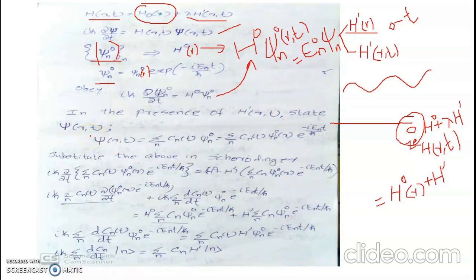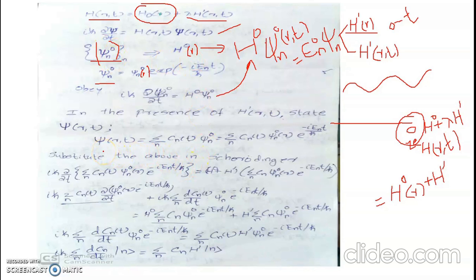The wave function in the presence of the perturbed part of the Hamiltonian, or the wave function of the system under our consideration, can be taken as a linear combination of the set of all eigenkets of the unperturbed system.